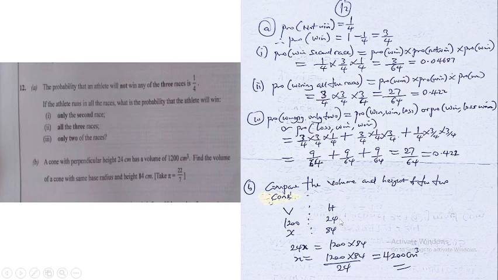Its height is 24. We are looking for the volume of the second cone, knowing the height to be 84. From there, of course, we know that the volume of the second cone will be greater than the volume of the first cone. So if you do it this way and you discover that it reduces, all you need to do is to swap the volume. When you swap the volume, then you get it right.